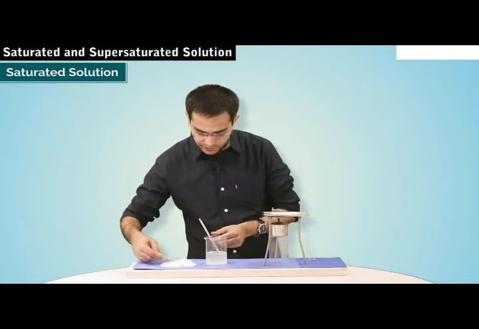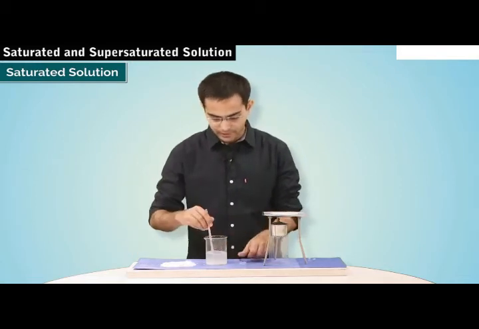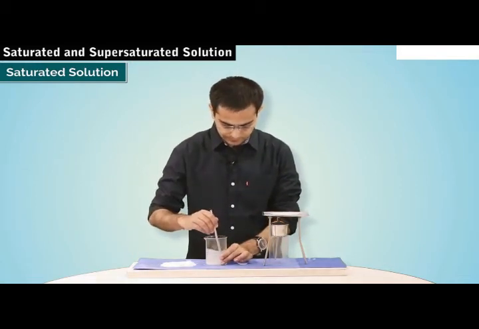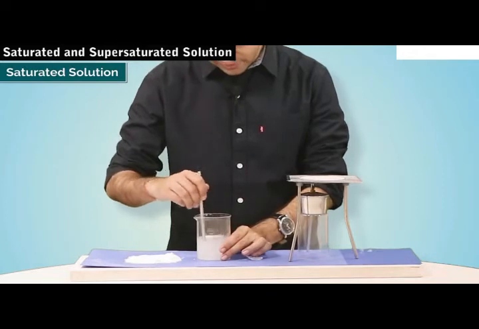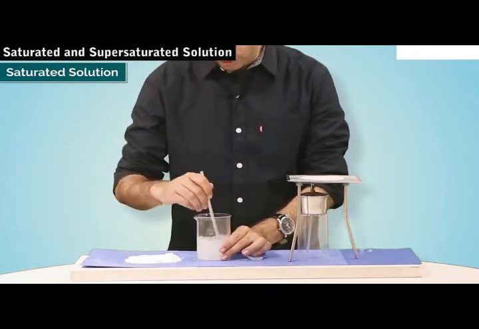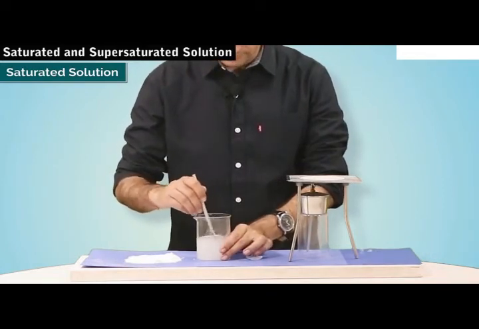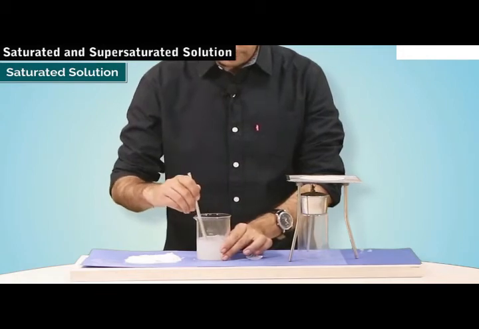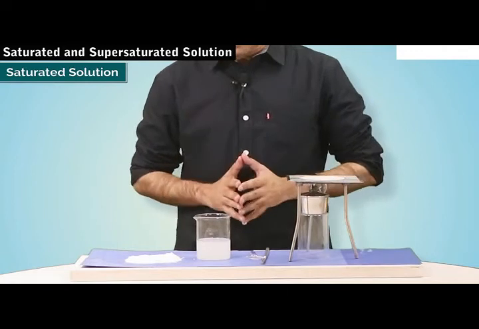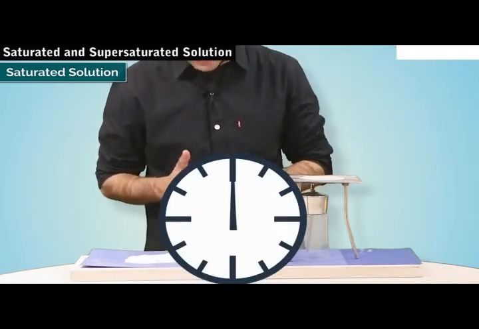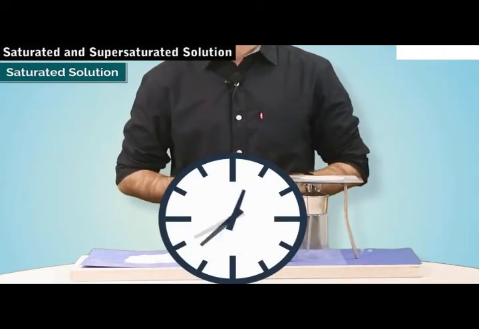So let me add more salt. And now I can see that even on stirring, the salt is not getting dissolved completely in this water. So now let's leave the solution like this for some time and see whether we find any salt settled at the bottom of the beaker.